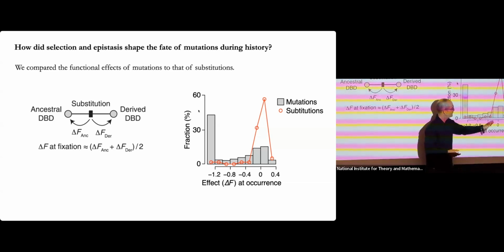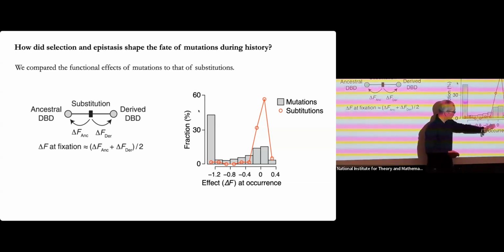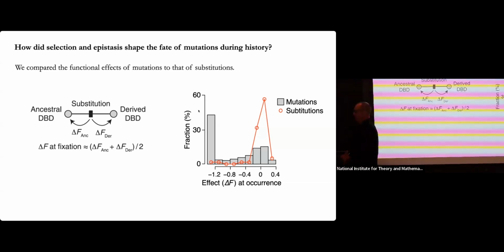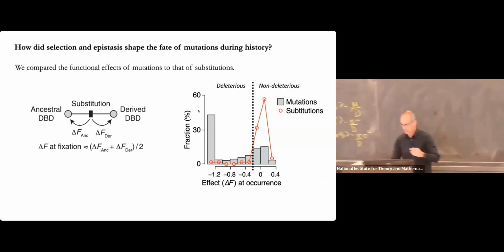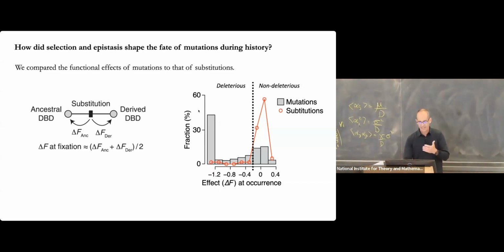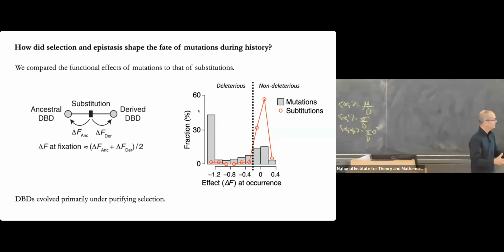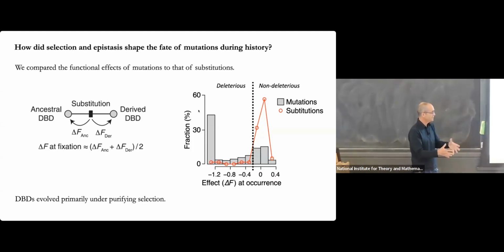You can see that there's a pretty sharp cutoff, slightly below 0, indicating a threshold, likely a threshold selection model, and that the DNA binding domains evolved primarily under purifying selection. These substitutions that are accumulating are essentially neutral with respect to the phenotype, but they're highly consequential with respect to epistatic modification of other mutations.